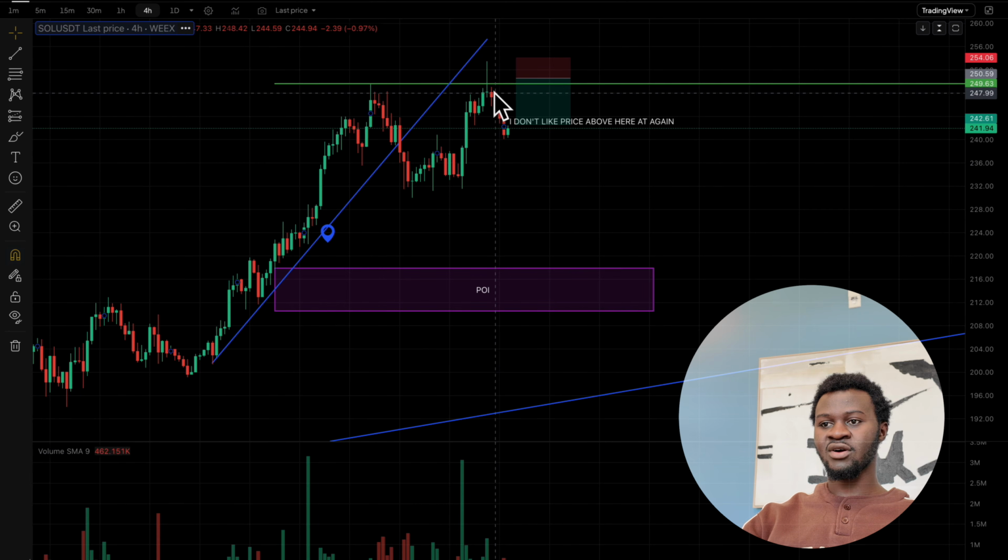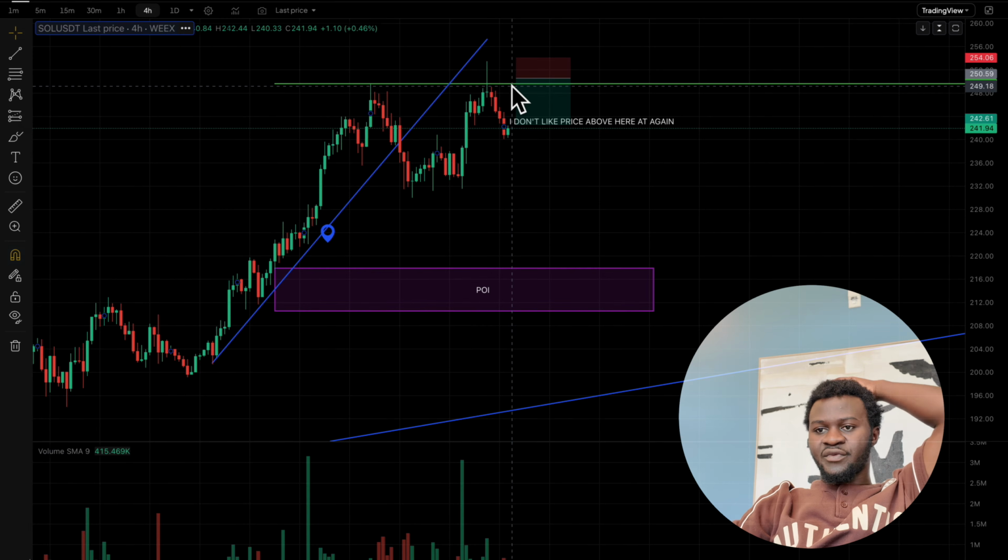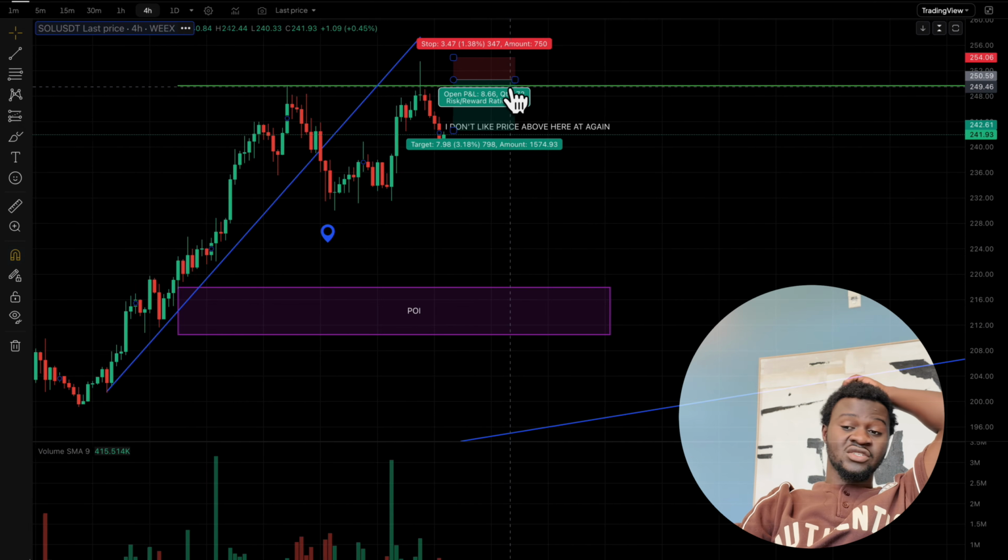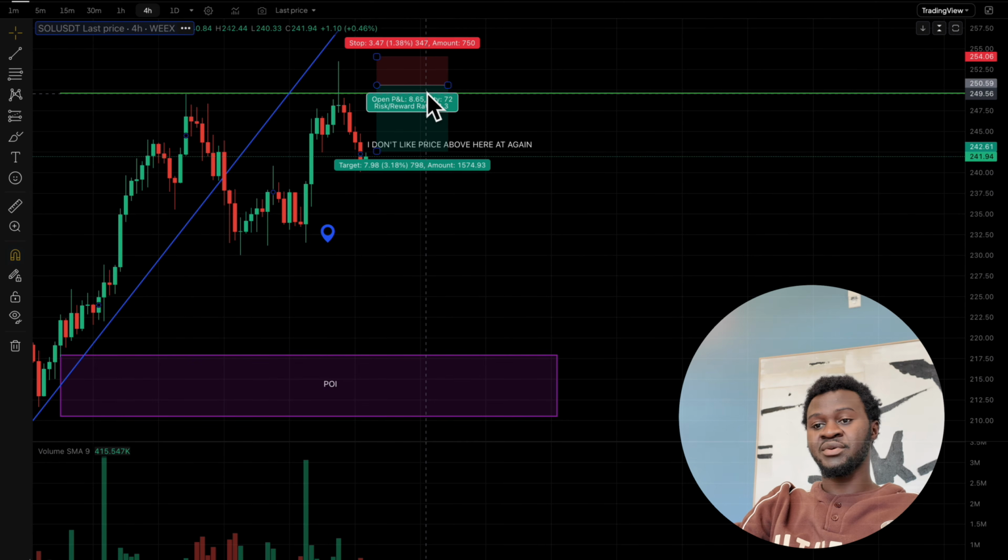I'm like, okay, I had more confidence, and I was hoping that maybe this could come all the way to like 252 for me to add to my position, but it did not. So I was so unfortunate to just add some market position again right around this zone, which brought my average entry to 251. So that is what happened.